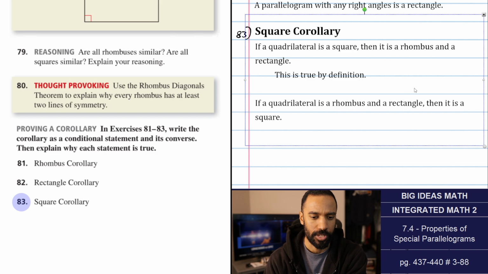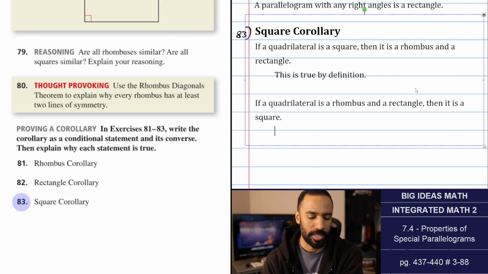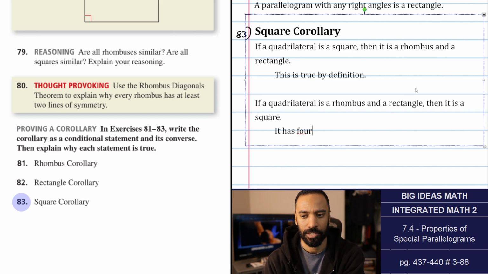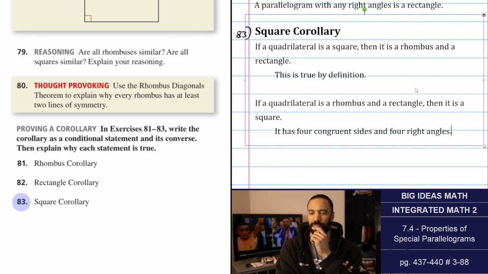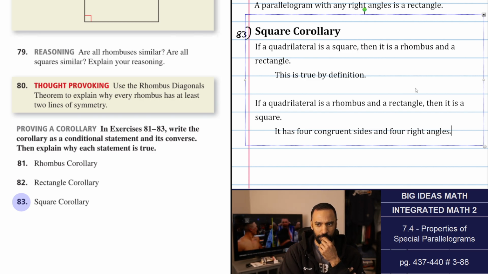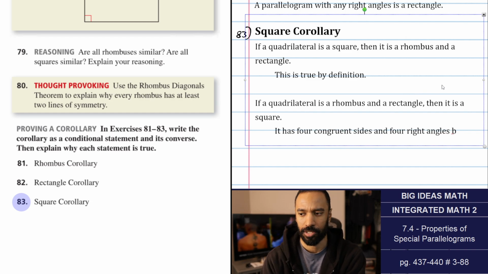So it's 4 congruent sides, right? If it's a rhombus, then it has 4 congruent sides, and 4 right angles. I think I can just go off that. There's 4 congruent sides and 4 right angles by definition.